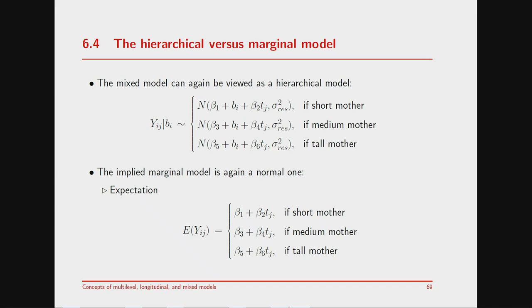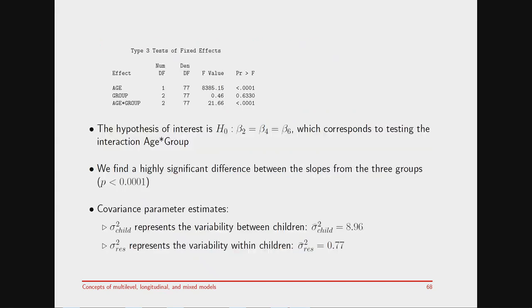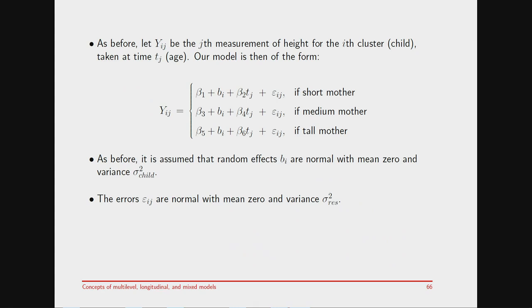That's the beauty of these linear mixed models. If you're only interested in knowing the average evolution in your population, take your linear mixed model, leave out all the random terms and only keep the fixed effects. And then you will have an average evolution for each of the 3 groups.